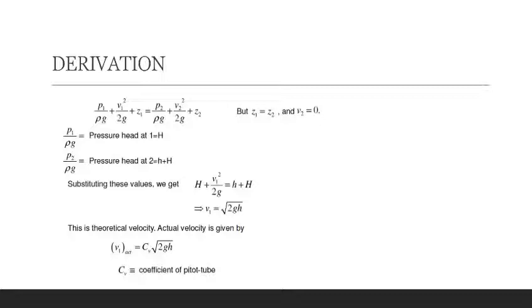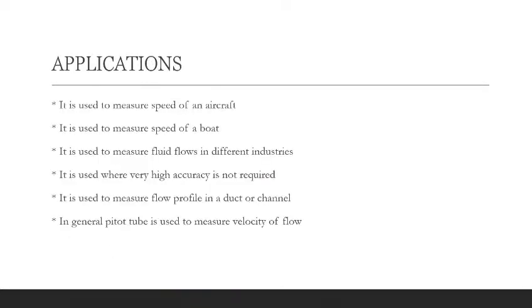Substituting these values in the above equation, we get capital H plus V1 squared by 2g is equal to small h plus capital H. And that gives V1 equals root over 2gh. This is the theoretical value and the actual velocity is equal to Cv root 2gh. Here Cv is the coefficient of the Pitot tube.